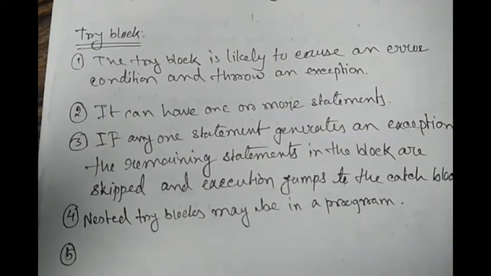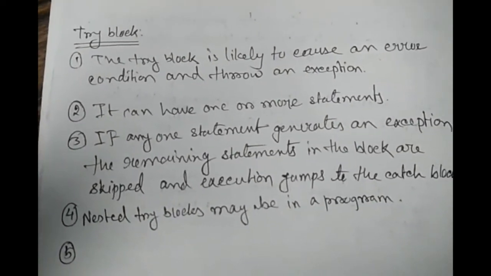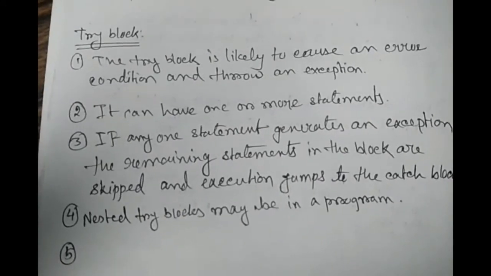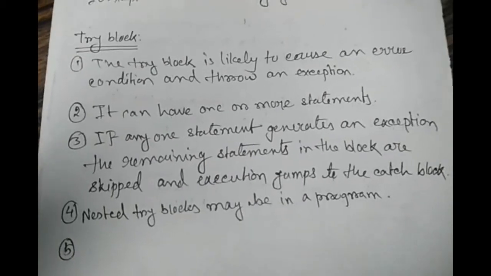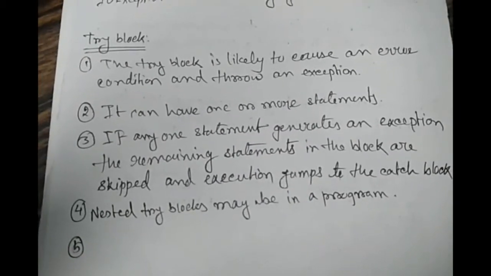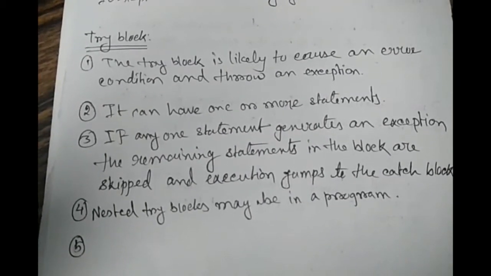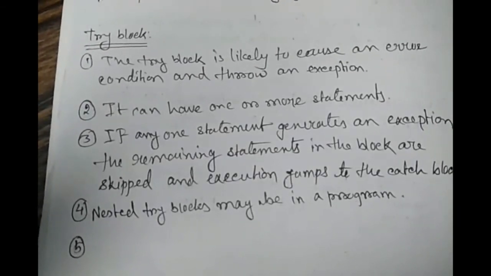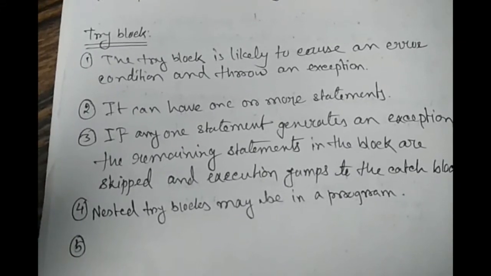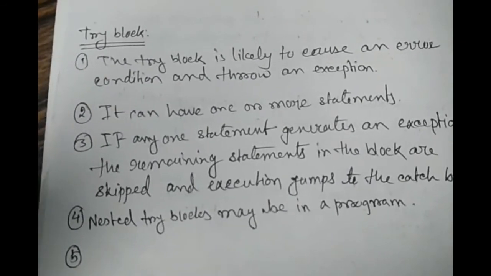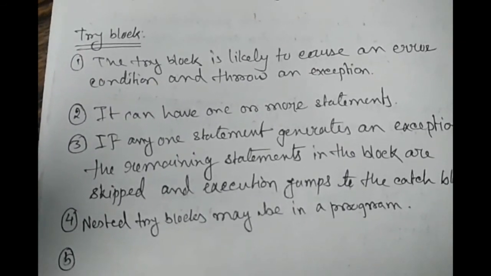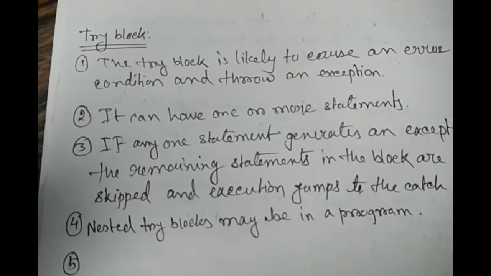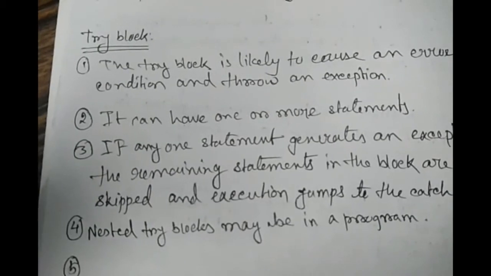If any one statement generates an exception, the remaining statements in the block are skipped and execution jumps to the catch block. So if there is more than one statement in the try block and any one statement generates an exception, the remaining statements are not executed and the execution jumps to the catch block.